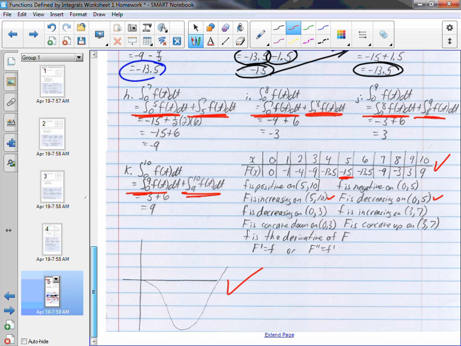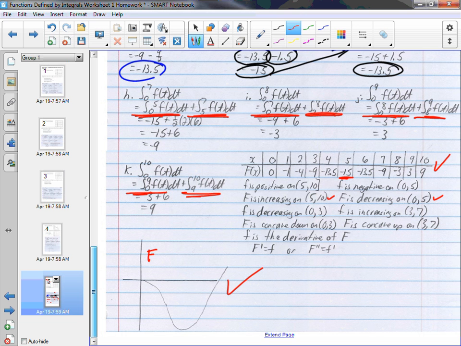Let me see, how am I going to explain this? All right, I'm drawing a blank. Help me out. Oh, concavity. When the function is concave down, this is the graph of capital F, isn't it?